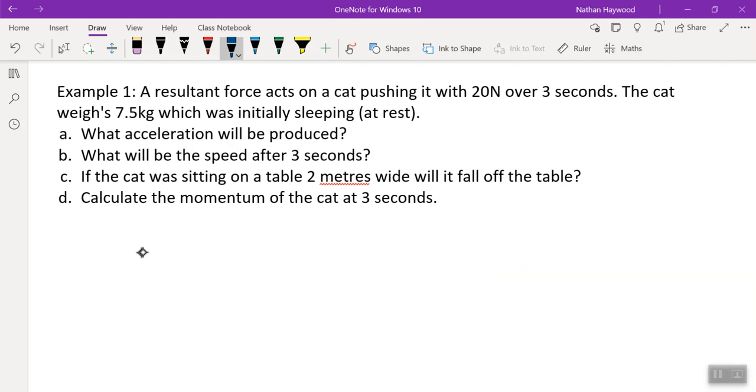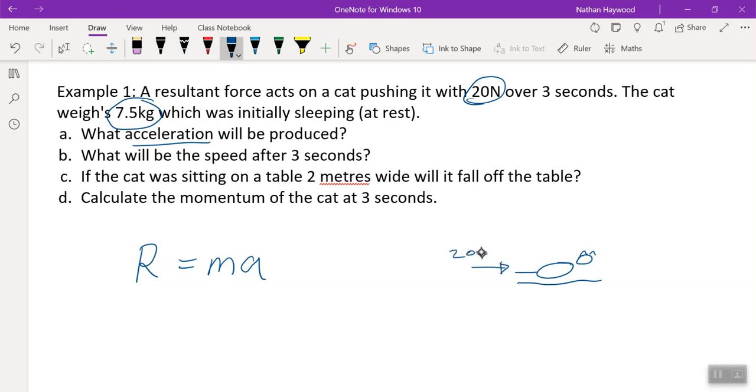So we know a resultant force, we can express it as R is equal to the mass of the object times the acceleration of the object. Newton's second law. Is there any forces pushing back?